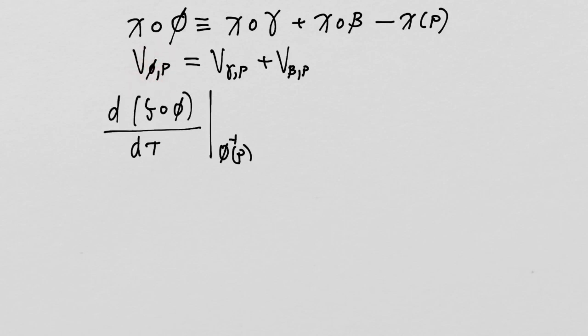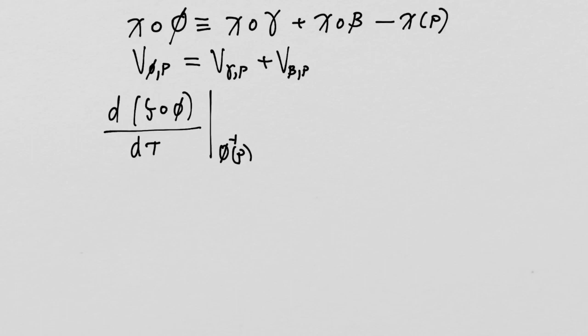Okay, so here it is. This is the definition of that. That's how we define it. This is the derivative with respect to the parameter of the curve psi. So that's just a straight definition of this directional derivative at P of psi.